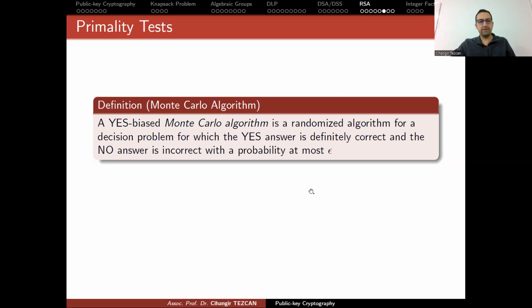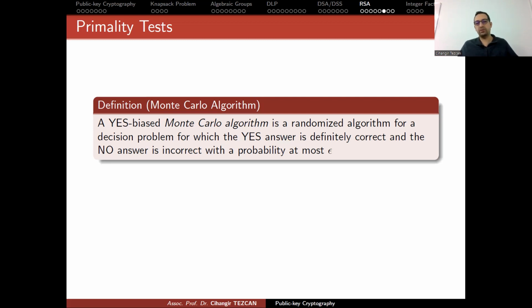Before talking about these algorithms, let's talk about some algorithm types, because primality tests work like this. Most of the time, they are Monte Carlo algorithms. A yes-biased Monte Carlo algorithm is a randomized algorithm for a decision problem for which the yes answer is definitely correct and the no answer is correct with a probability at most epsilon. So when the output is yes, it is true.